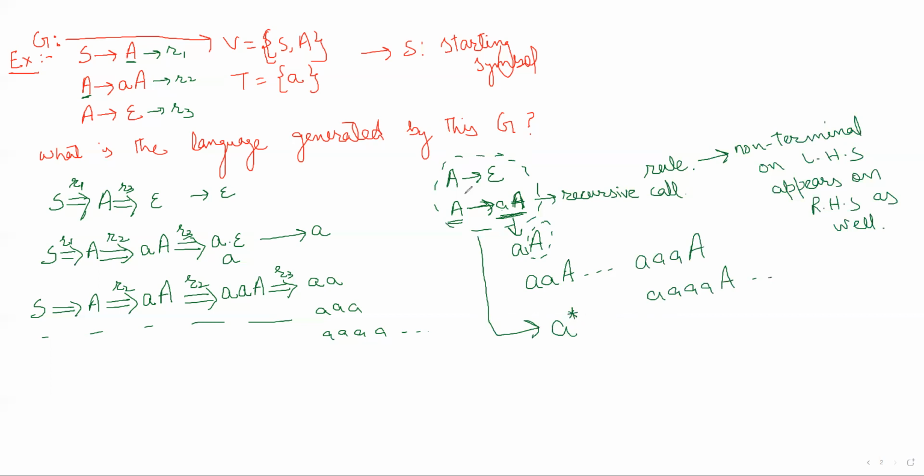A star means zero or more a's. So if you have to generate a's repeatedly, then you should use these kinds of rules.